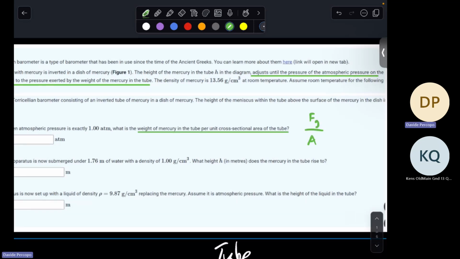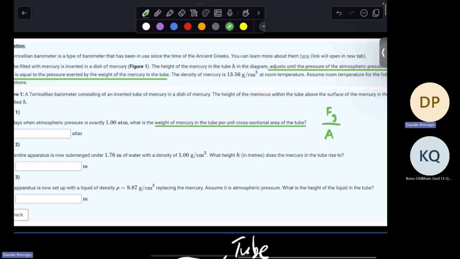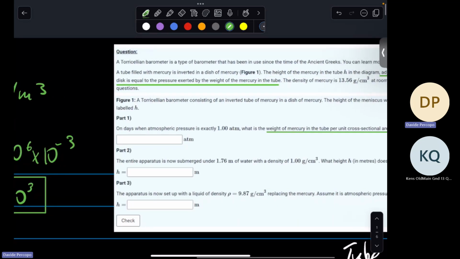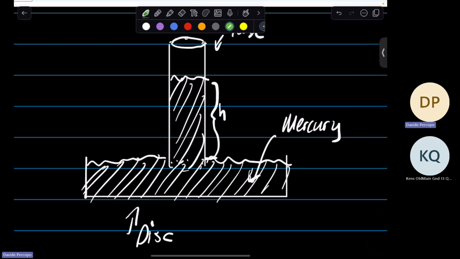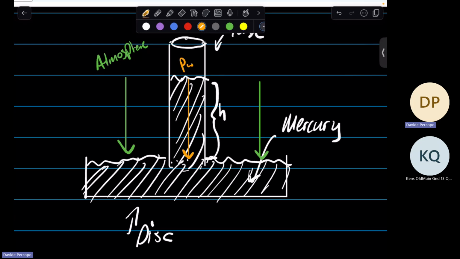But yeah, it adjusts until the atmospheric pressure on the disk is equal to the pressure exerted by the weight. So in this question, we basically have the atmosphere exerting on here, and then this height does not stop changing until the pressure due to the weight is the same.